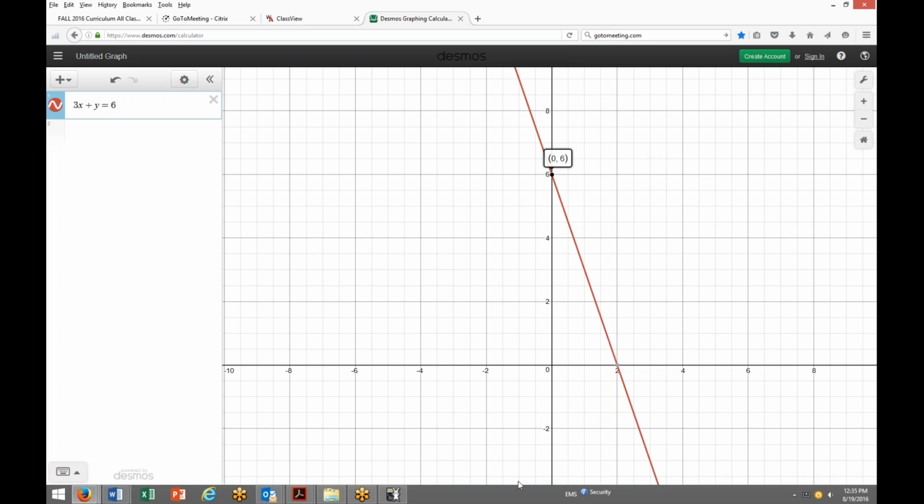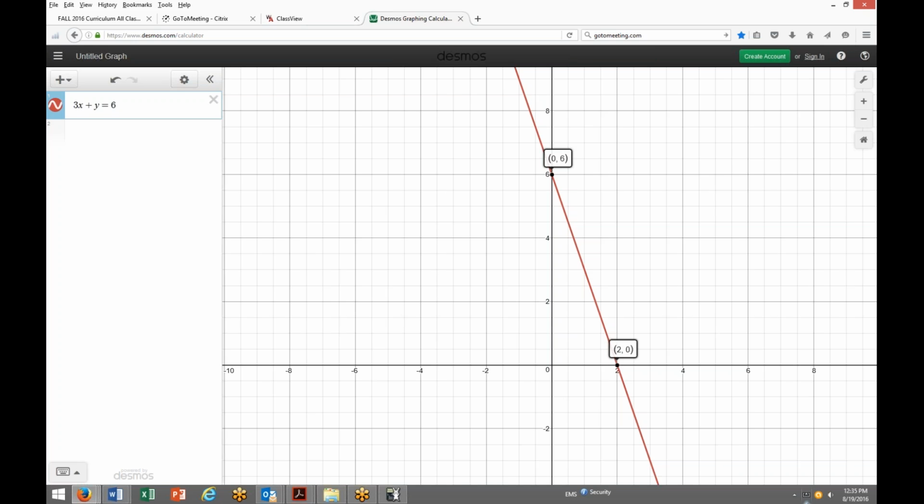Similarly, where it crosses the x-axis, you see the little dot right there too. I'm going to point at it, and very lightly the 2, 0 shows up, but I simply click on the point and it locks it in. So now we have both of them showing. The x-intercept 2, 0 in parentheses, and the y-intercept 0, 6 in parentheses.